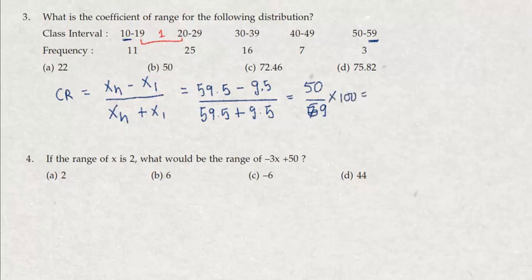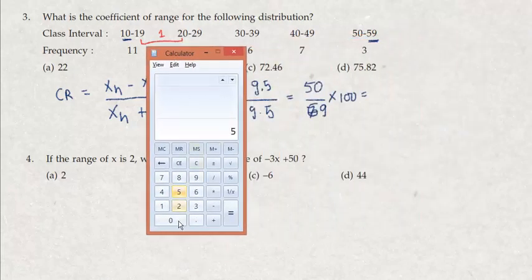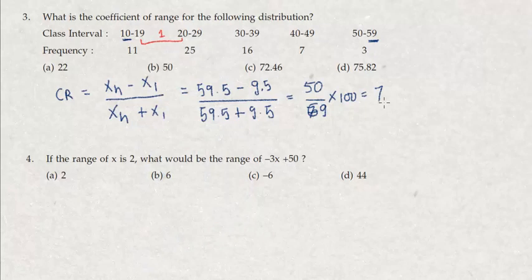Let us solve it using a calculator. 50 divided by 69 into 100, and our answer is 72.46. So in this case our answer is C.